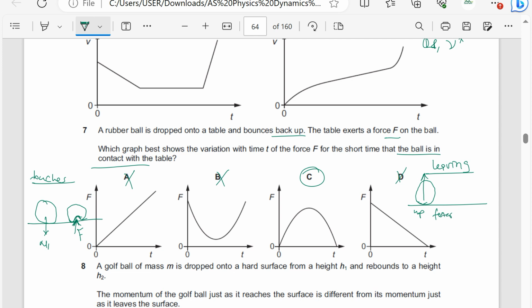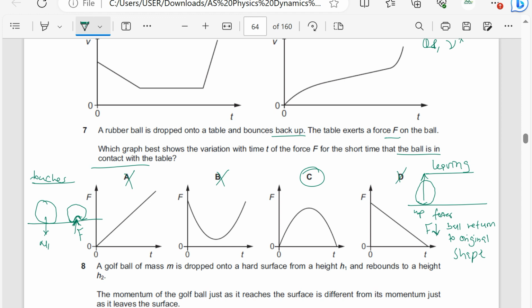It means the contact force from the table must decrease because it is about to leave, as the ball returns to its original shape. So the contact force reduces.